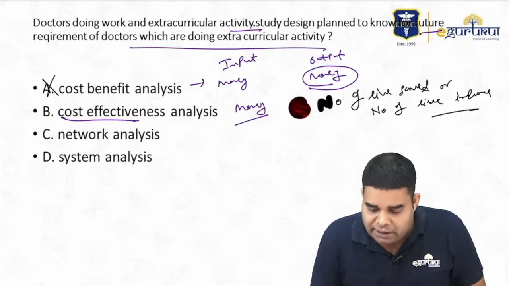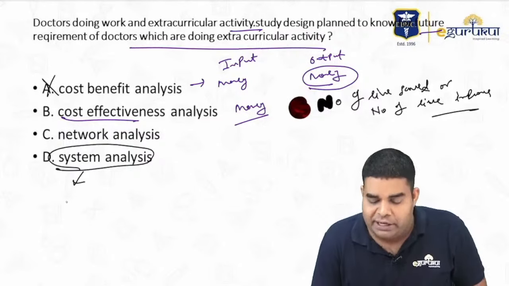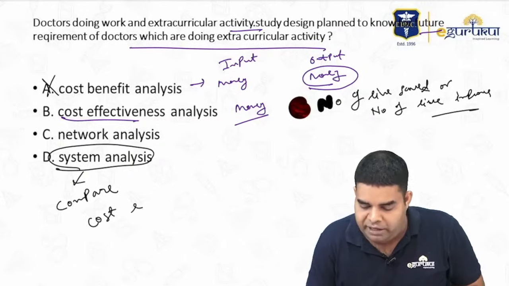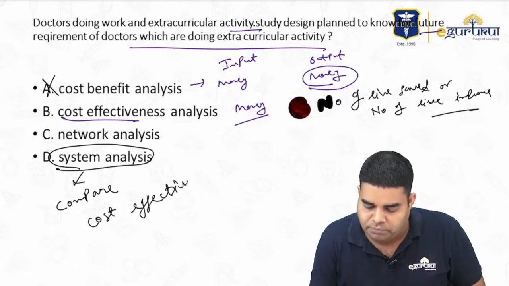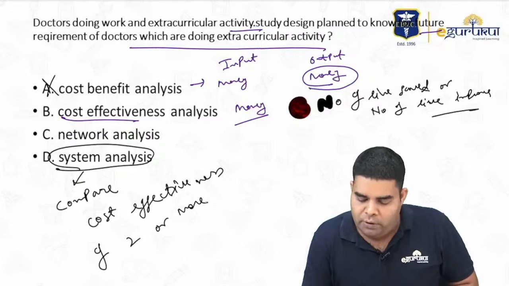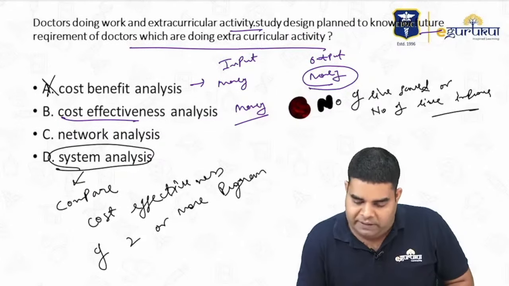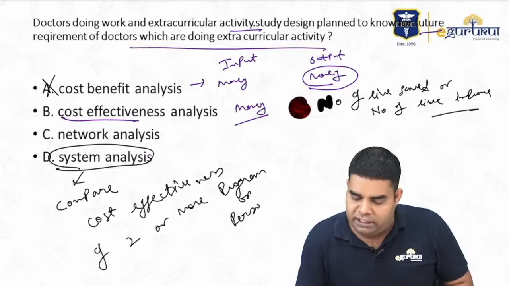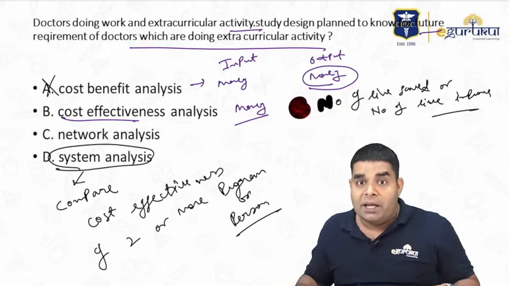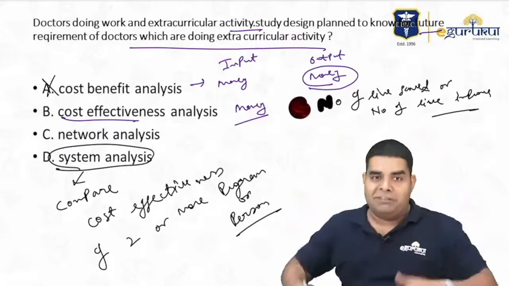So what you have to do is compare the cost effectiveness of two or more programs or persons. There are many doctors present, and out of those doctors you have to compare which one is more cost effective.